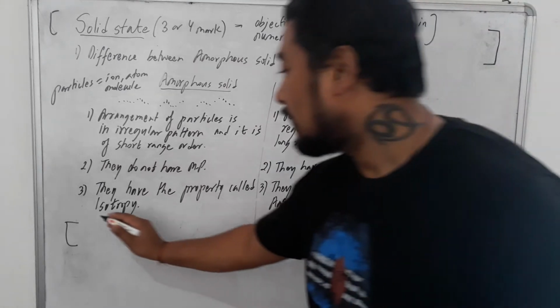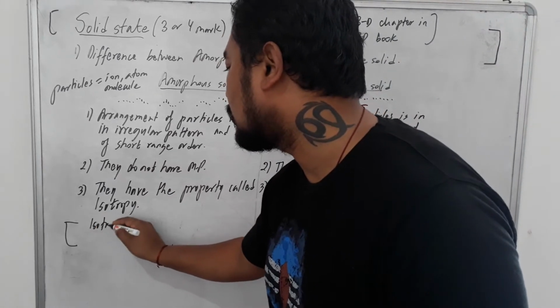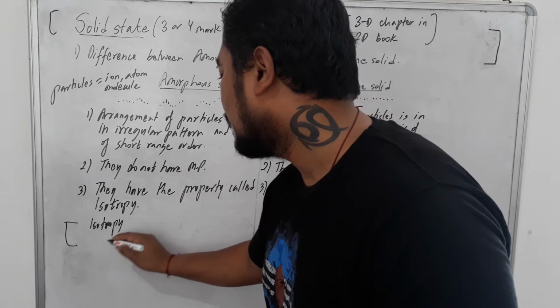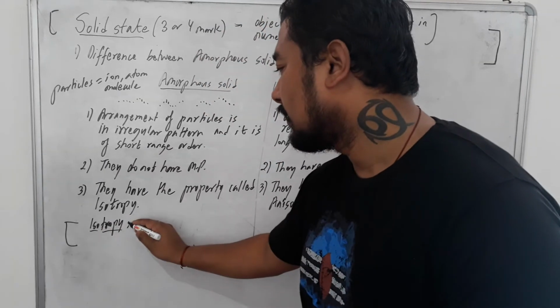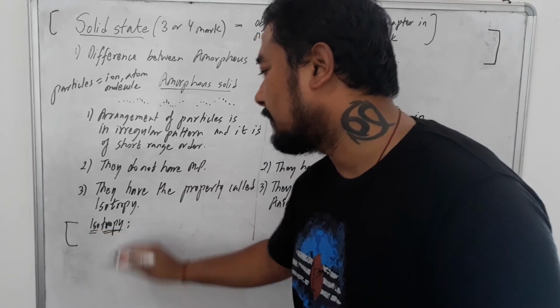Let us see. Isotropy: iso means same, tropy means physical property.